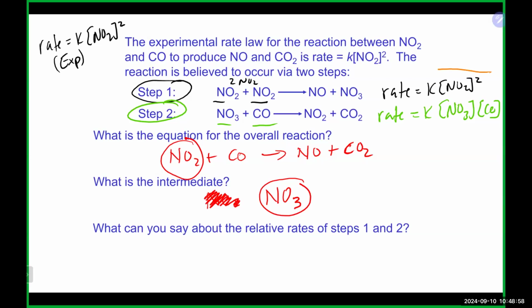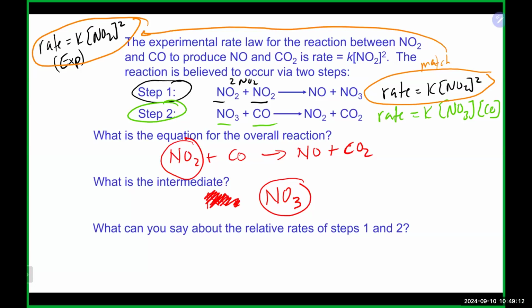Step number 1, right? Step number 1 has the identical rate law to the one that was found experimentally. Because this one matches the experimentally found rate law, that will tell us that step number 1 is our rate determining step. That is the slow step in the mechanism.